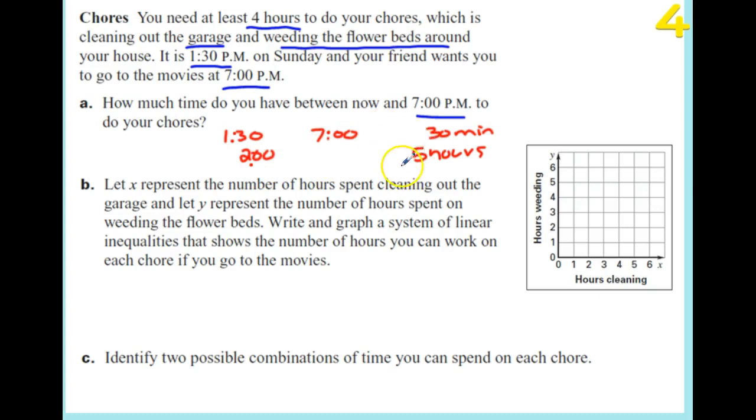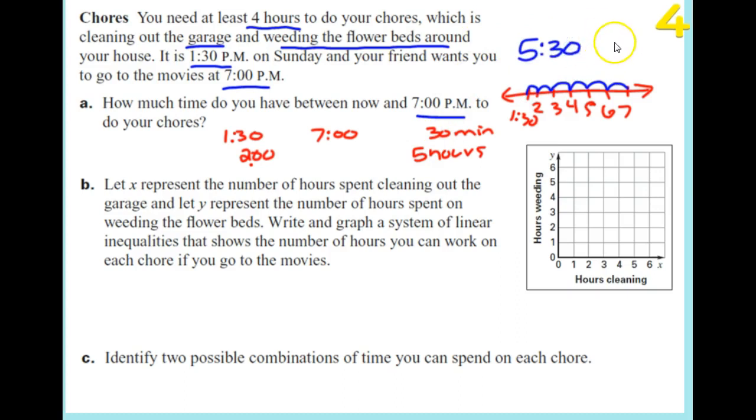Each one of those would be an hour. If it helps to look at a number line, 1:30, then 2, 3, 4, 5, 6, 7. We have 1, 2, 3, 4, 5.5 hours. So you can write 5 hours and 30 minutes, or 30 minutes in terms of hours would be 5.5 hours.